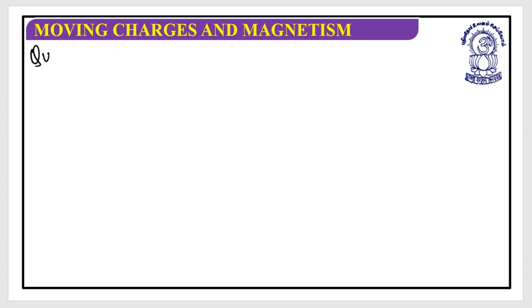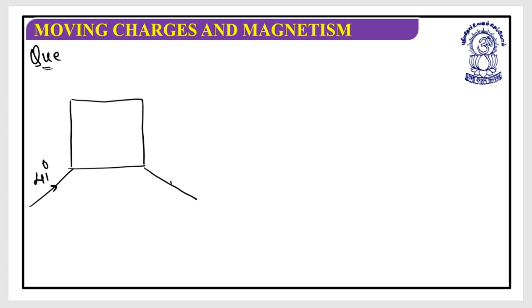Same kind of question. Let's suppose a square frame is there, and let's suppose 4I current is entering over here, and 4I current has been leaving the circuit from here.